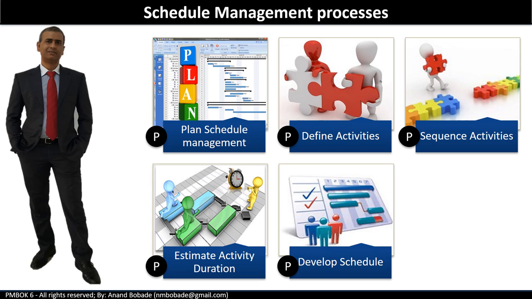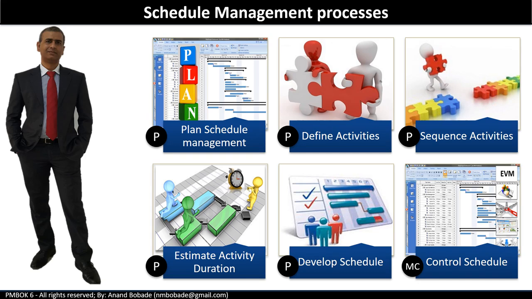And finally, control schedule, which is under monitoring and controlling process group. So the first 5 processes are part of planning process group, and the last process is under monitoring and controlling process group. Control schedule is the process of monitoring the status of project activities to update the project progress and manage changes to the schedule baseline to achieve the intended plan.